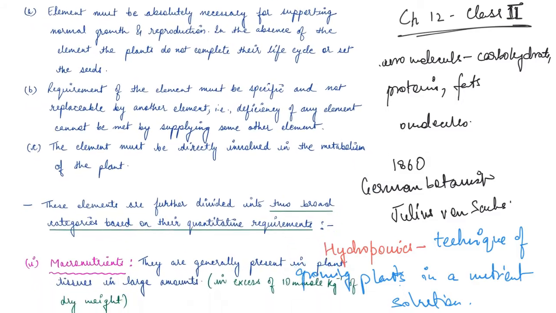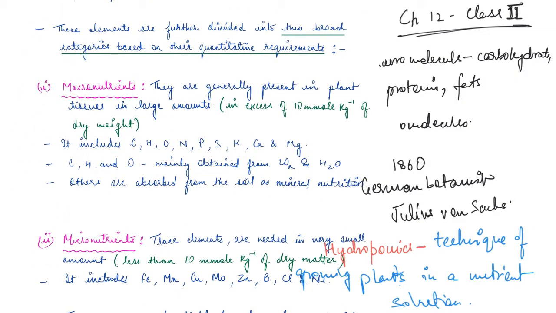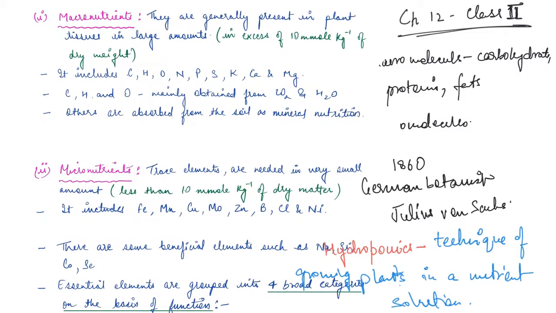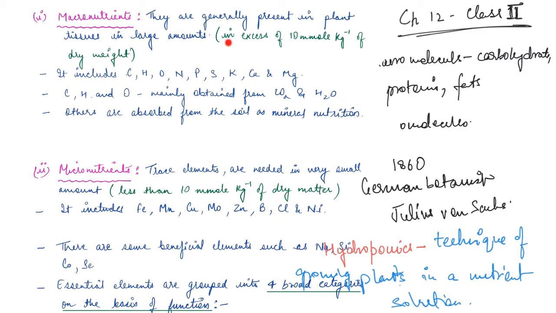And the two categories are macronutrients and micronutrients, right? So macronutrients are those elements which are present in large amount in plant tissues. If they are present in excess of 10 millimole per kg of dry weight, then they are known as macronutrients.